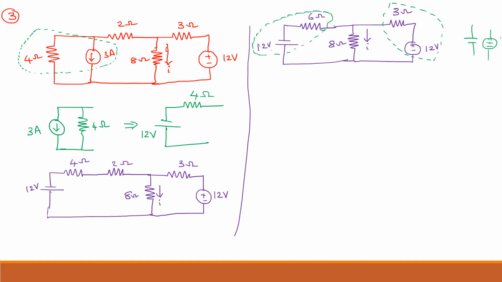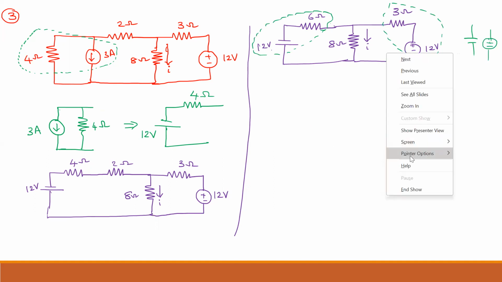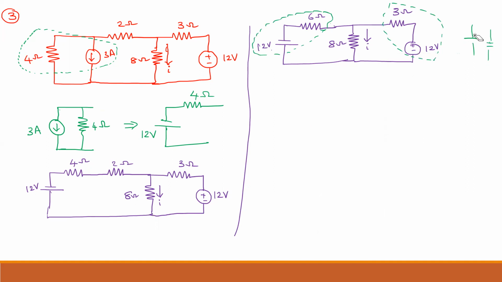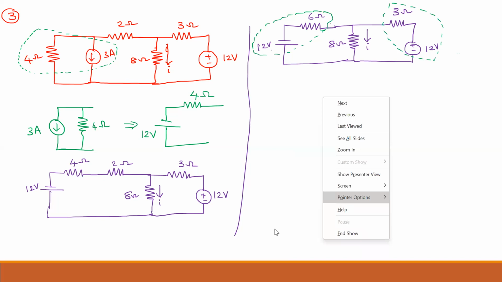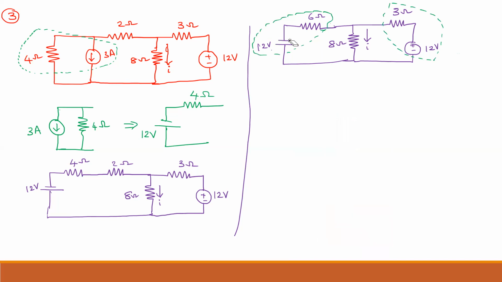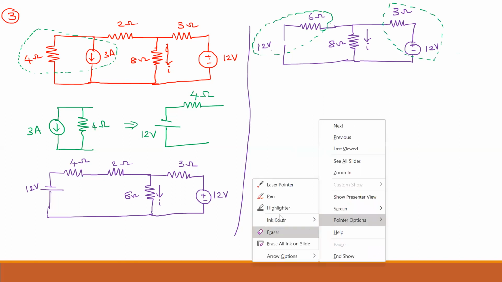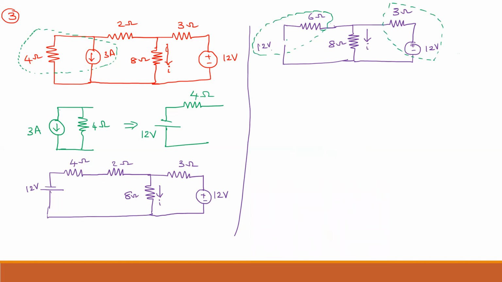Is there any difference? No, both are the same. In fact, I will follow only one notation. So what I will do, this one, I will write it. This is the negative terminal and this is the positive terminal.